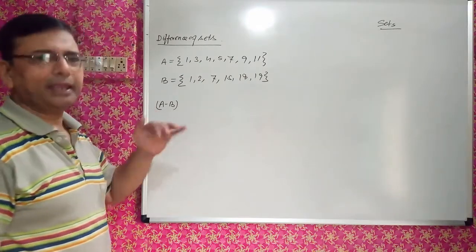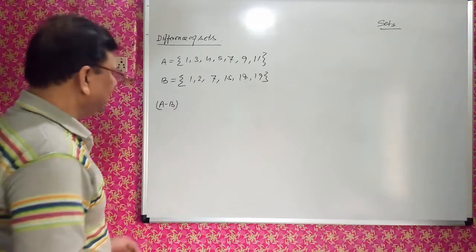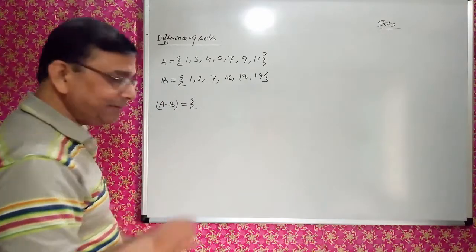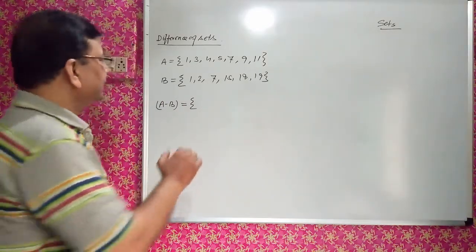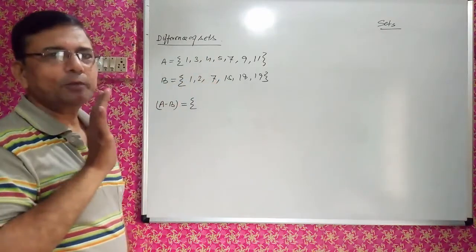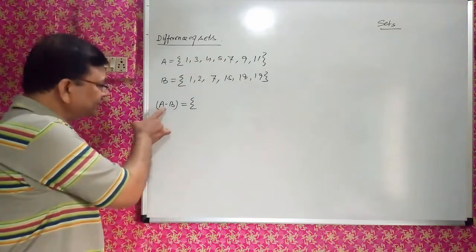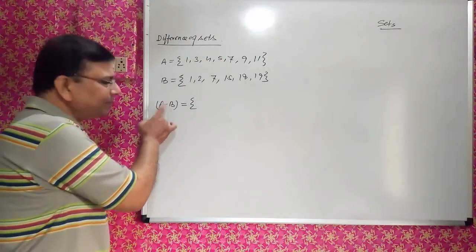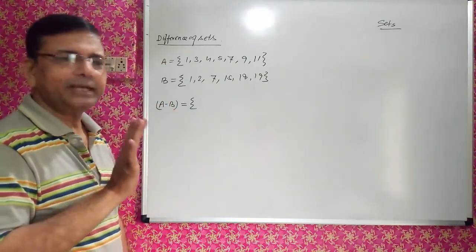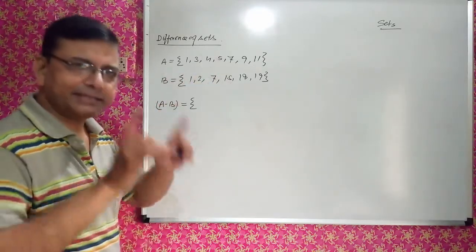The difference may be A minus B or B minus A. So first I will take A minus B. So A minus B is such a set in which those elements which are common in A and B will not be there, and rest of the elements of A will be there. A is written first, minus B. So minus B means those elements which are common in A and B will not be there in the set A minus B, and rest of the elements of A will be there.